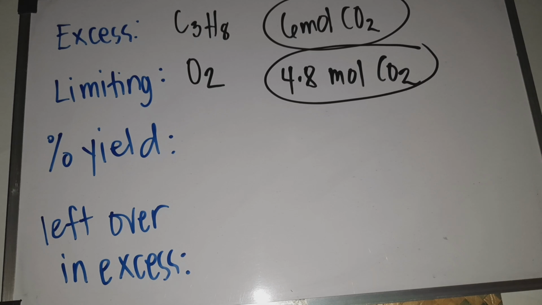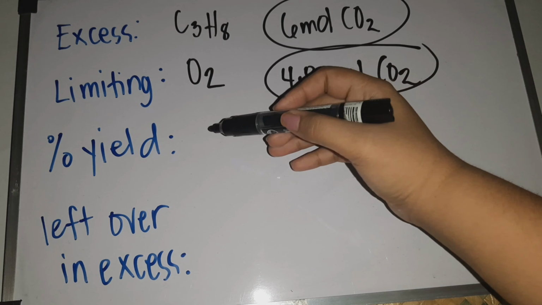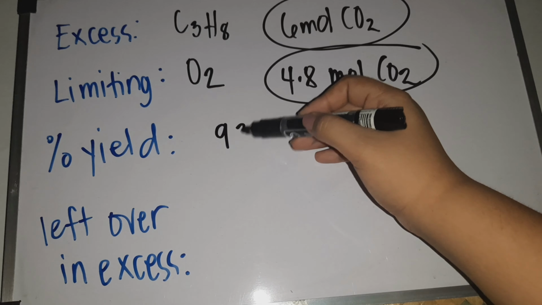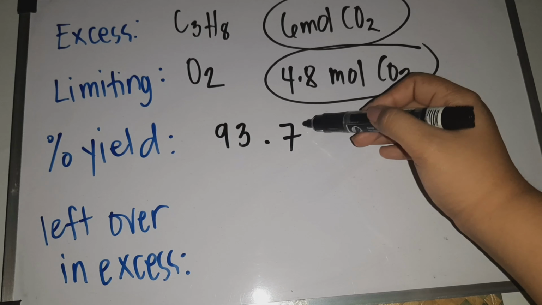At the same time, this 4.8 mole of carbon dioxide is our theoretical yield. Using that, we can compute the percentage yield by substituting the value of the given actual yield, and we have the percentage yield of 93.75%.